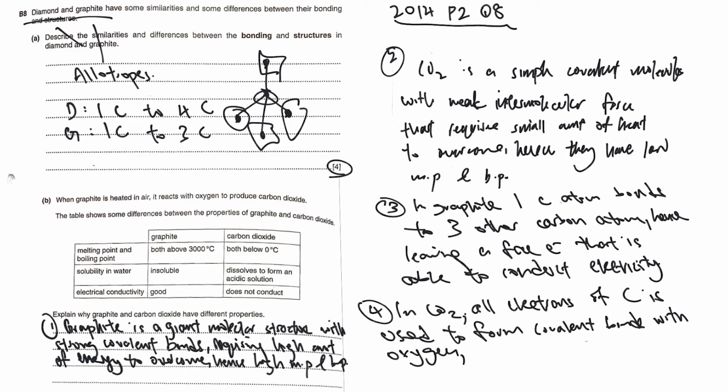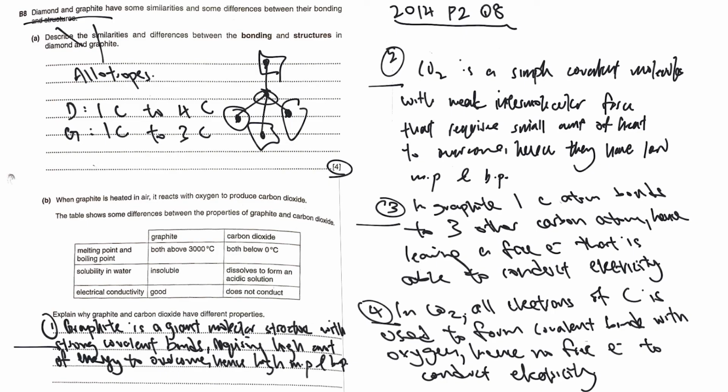Hence, no free electron to conduct electricity. Right, so there you go, you have your first point, second point, third point and fourth point, and this will therefore allow you to get the full marks from this question.